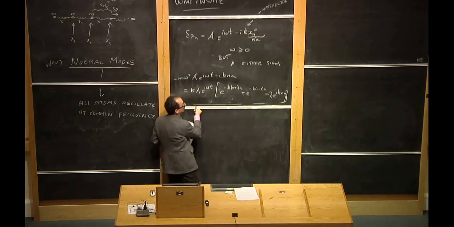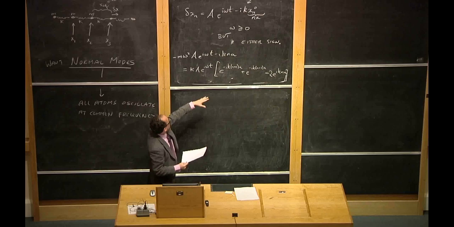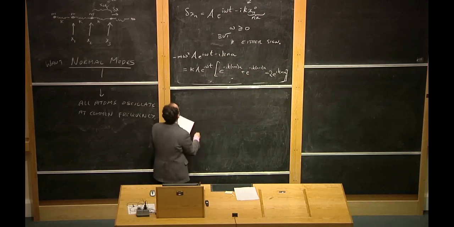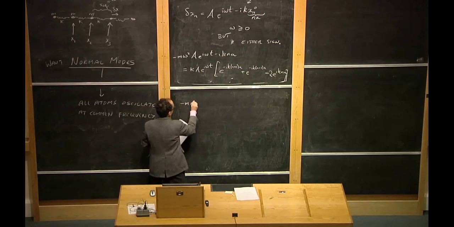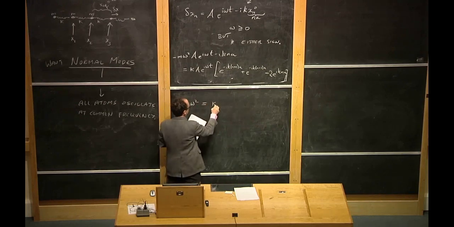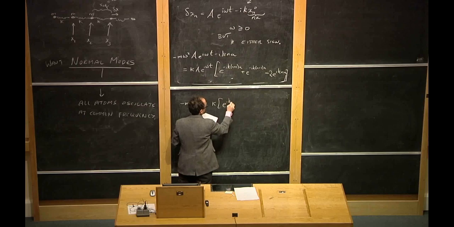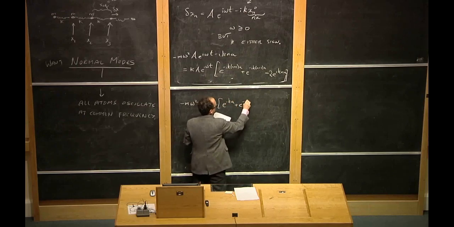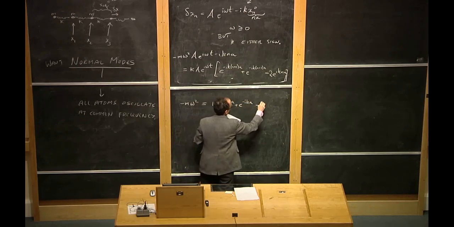Good? Now we can cancel out a whole bunch of things from this equation to simplify our life. So we get minus m omega squared equals kappa times e to the i k a plus e to the minus i k a minus 2.